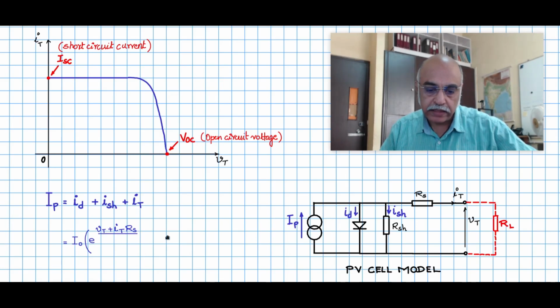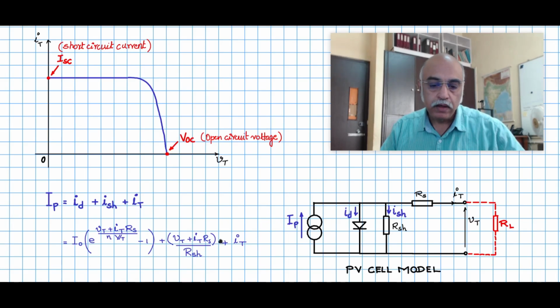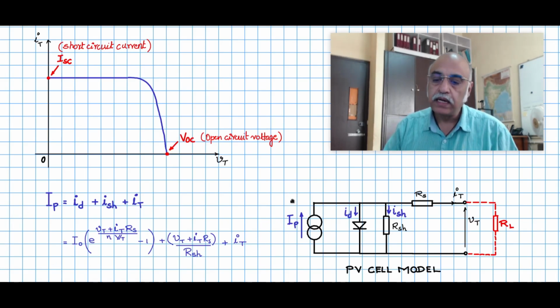So VT plus IT RS divided by N uppercase VT, which is the voltage equivalent of temperature, minus 1, plus I shunt. I shunt is nothing but again the voltage across this node, which is VT plus IT into RS, divided by R shunt, plus IT.